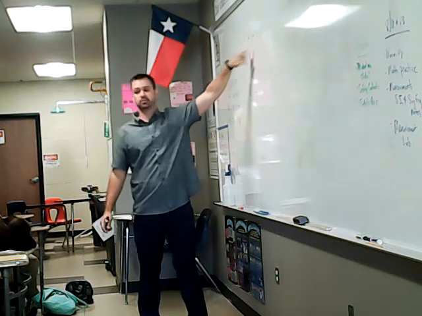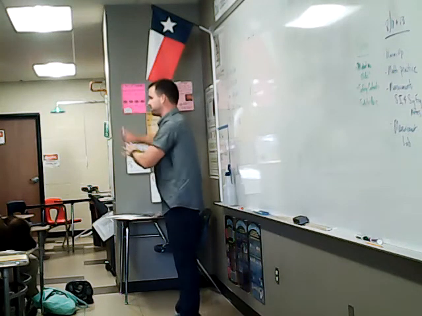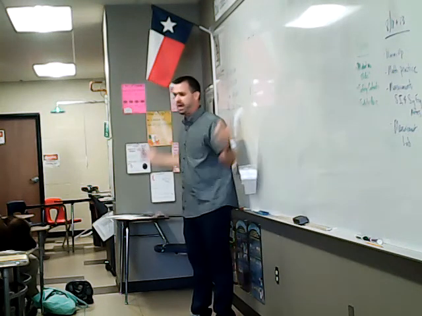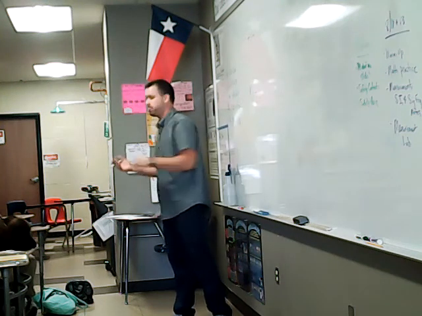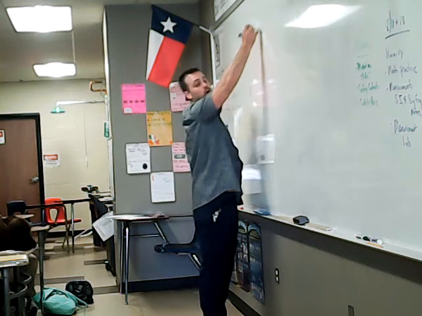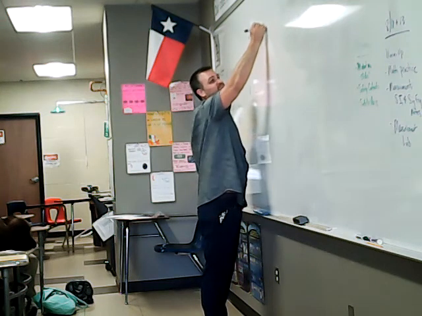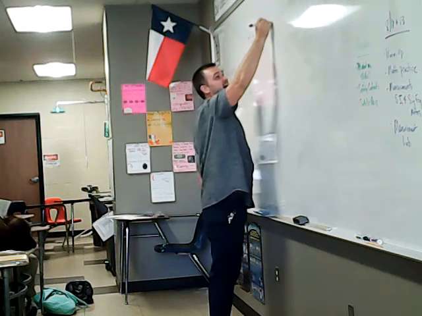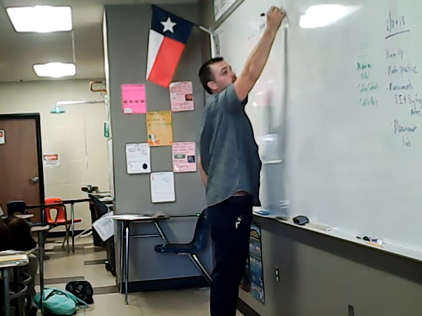Because when we add and subtract sig figs, that means you took a measurement, this group took a measurement, this group took a measurement, and we need to add them all together to figure out the total volume of something. All right? What we do is we are only concerned with the numbers after the decimal.